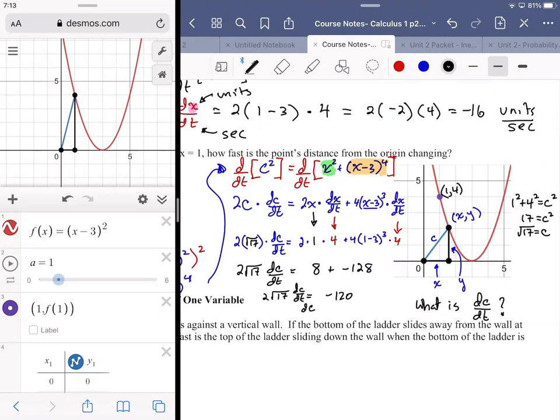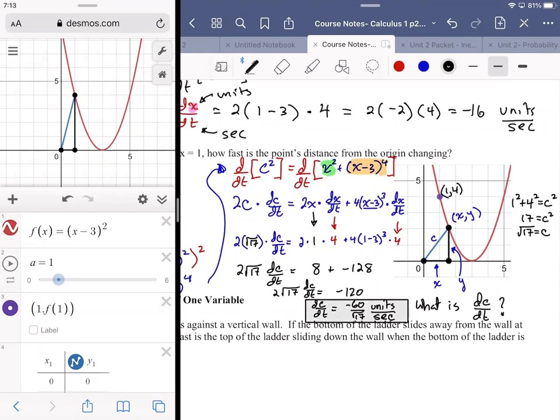Divide dc dt. We knew going in that it was going to be linear units. So when I divide by 2, I get negative 60. When I divide by the rad 17, I'm stuck with the rad 17. The linear units are units, and the reference to time is in seconds.